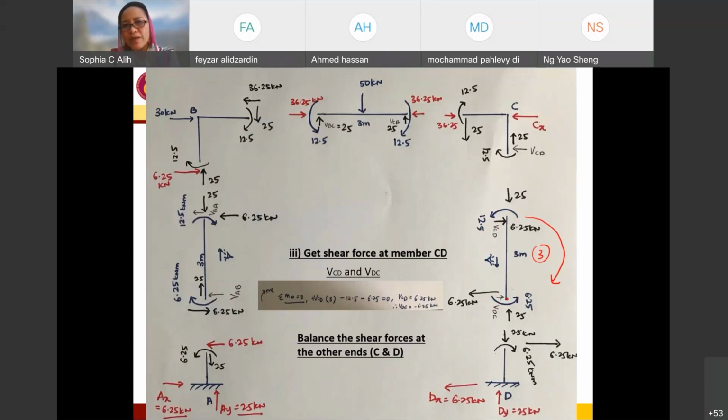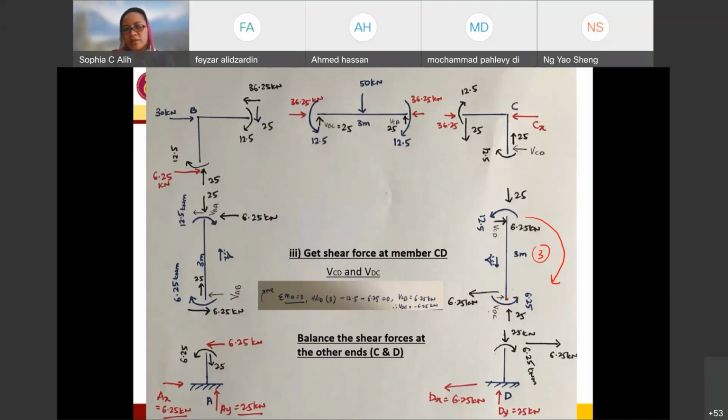Now I will have my VCD equal to positive 6.25 and VDC equal to negative 6.25.